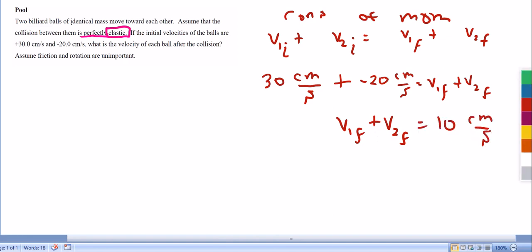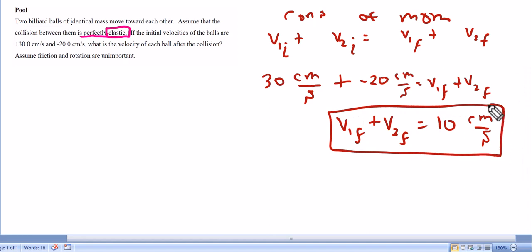Now that's not very good for us because I have two variables. I don't know what V1 final or V2 final is, and I need to find them both. So I'm going to leave this on the side for now, and we're going to have to create a second formula. Now we know that this is elastic, so that means I can use conservation of energy.